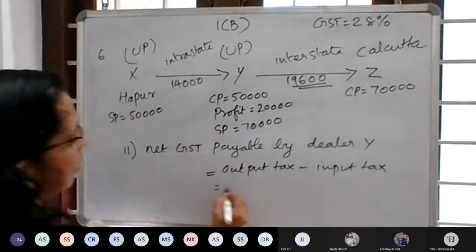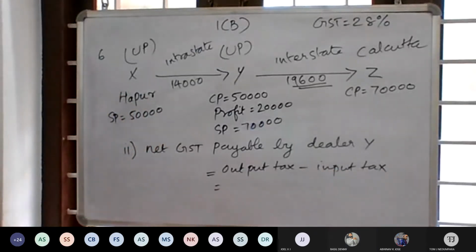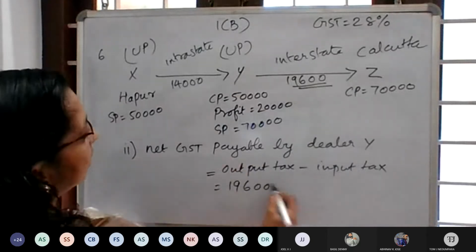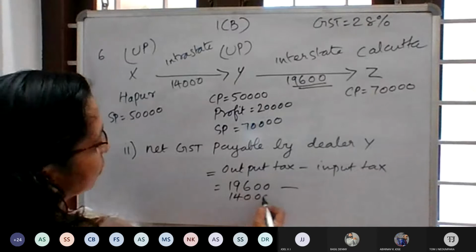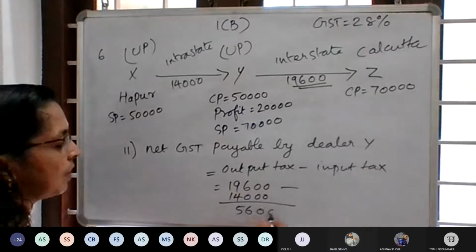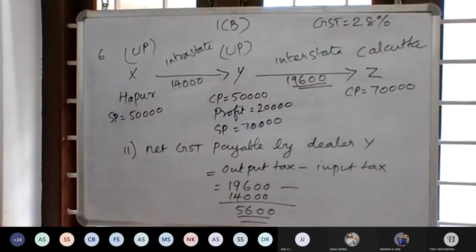Because the transaction again is from Y to Z, we write output tax minus input tax, that is 19,600 minus 14,000, which is 5,600.